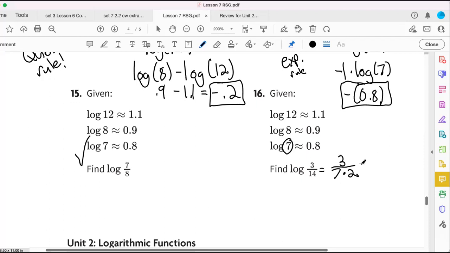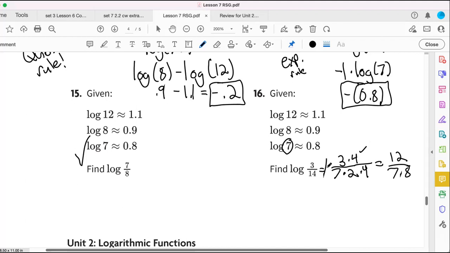But let's see if we can get this up the ante so that some of these numbers appear. Well, I know that if this up here was 12, that could work. So maybe if I multiplied here and here by 4, this now gets you 12. And did I just finish the problem? Yeah, I did. Okay. So if you take this further, this is really claiming 12 over 7 times 8.